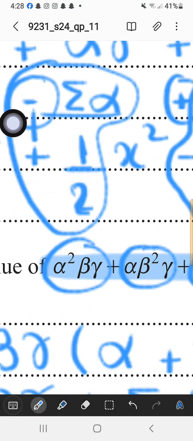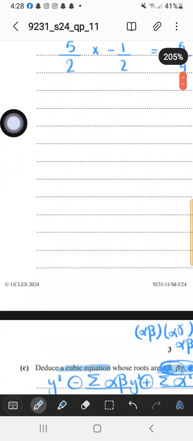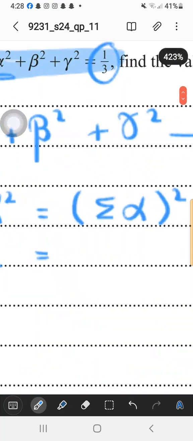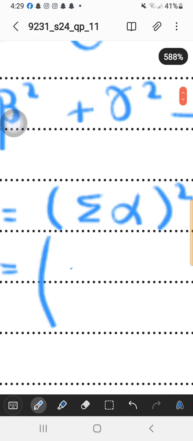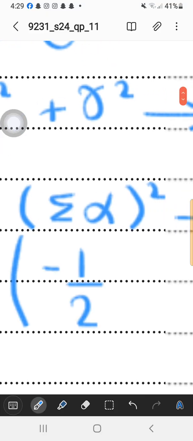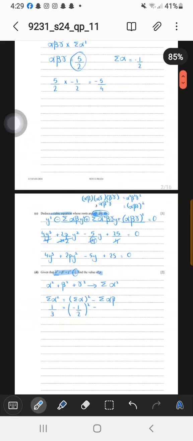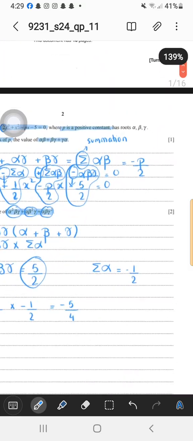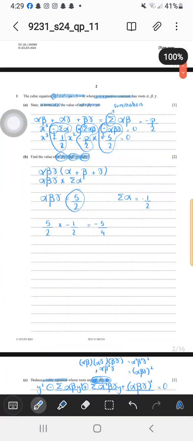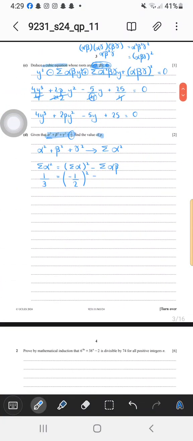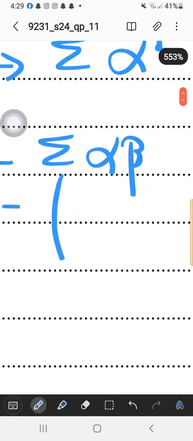Sign will get changed. Okay, so negative 1 upon 2 whole square. Okay, and minus summation of alpha beta, we had found out in part 1, negative p upon 2. We will write here negative p upon 2.